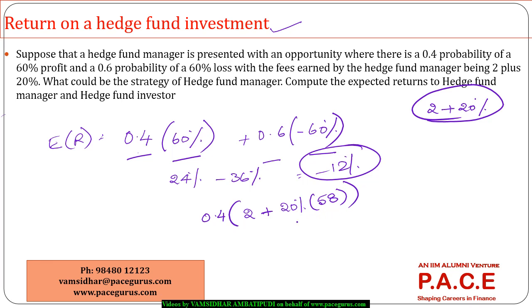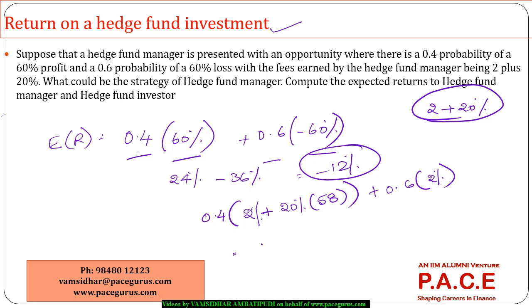Out of that, 2 is going for fund management expense. So out of that 58 he gets 20% as an incentive, and at the same time there is a 60% chance that he will go into a loss. In that case he will not receive the incentive, so the overall return is just 2%.